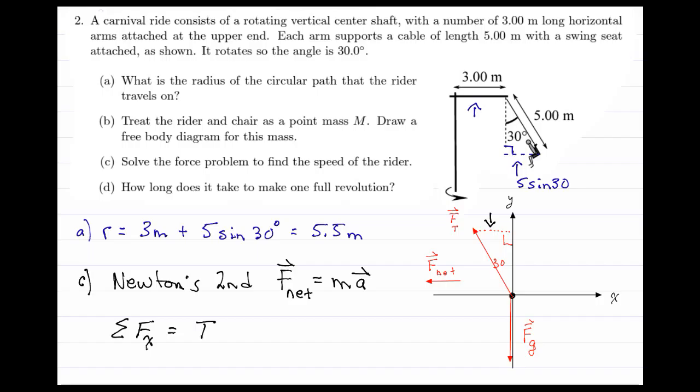With our notation, it's just the tension force in the x direction, and that's equal to negative T times sine of 30 degrees. And that is going to equal mass times the acceleration in the x direction.